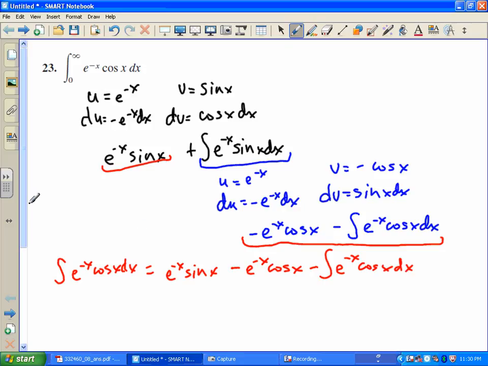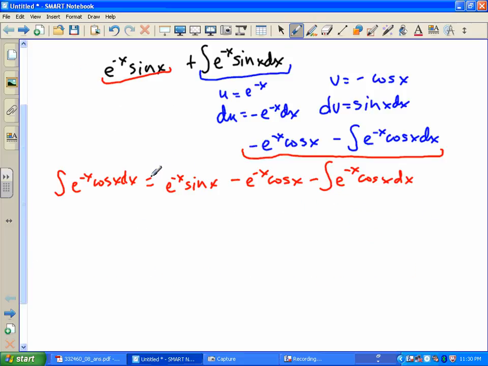It's one of those problems with integration by parts where this integral actually repeats. So if we move it over to the left hand side, we can actually solve for the integral.